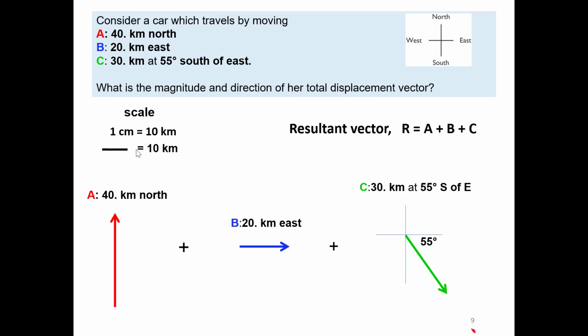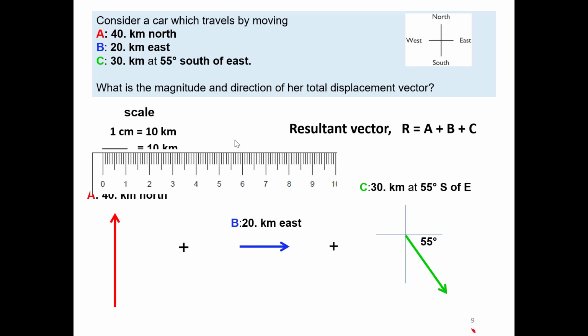In my case, I will choose 1 centimeter equals 10 kilometers. You can choose, for example, 1 inch equals 10 kilometers. You can use any scale, but you have to be consistent. You have to use the same scale to draw all the vectors.